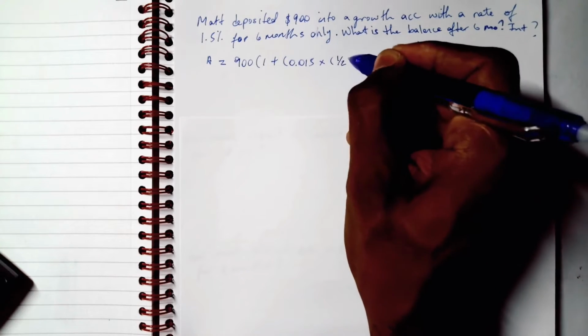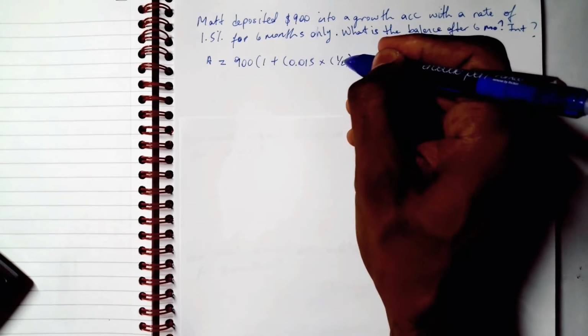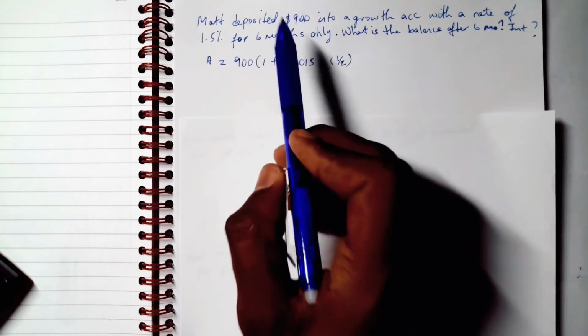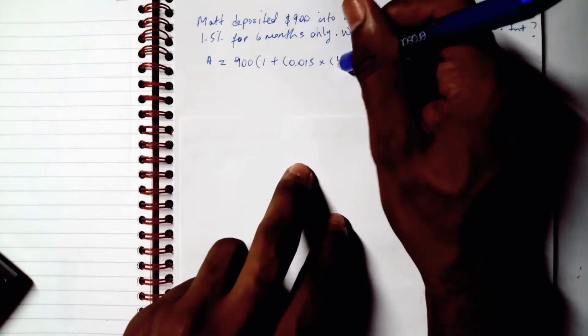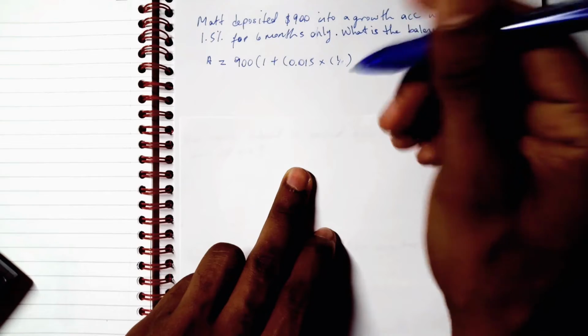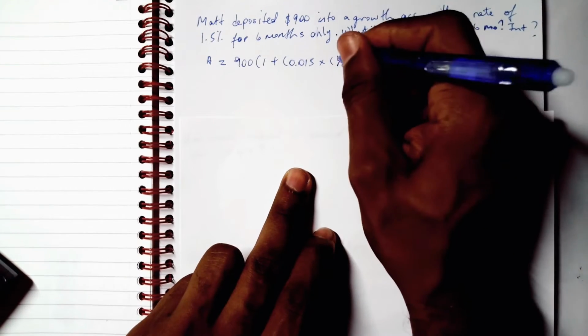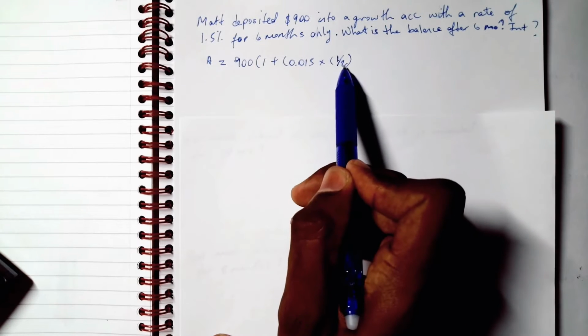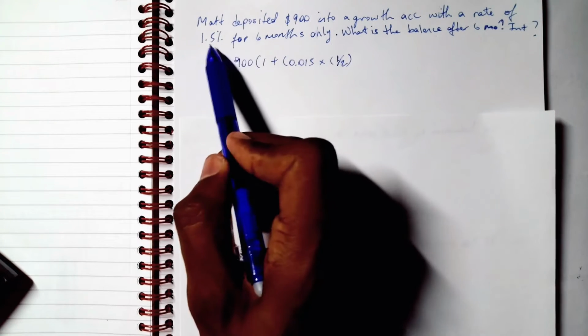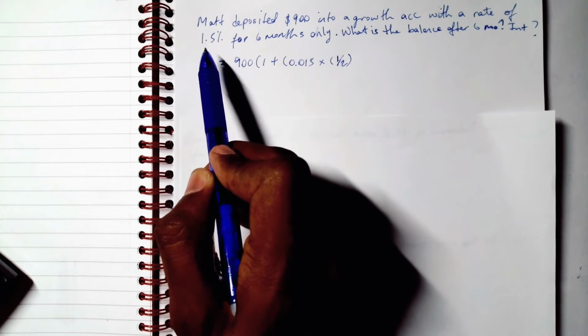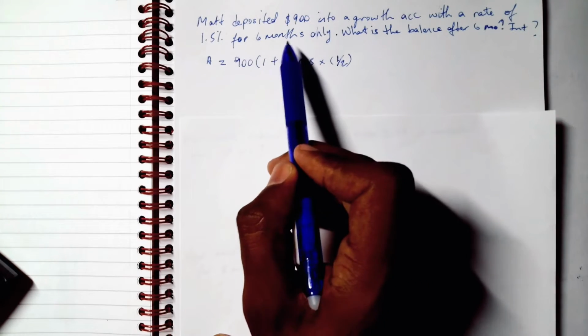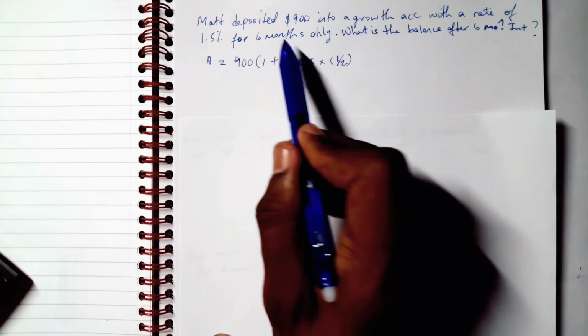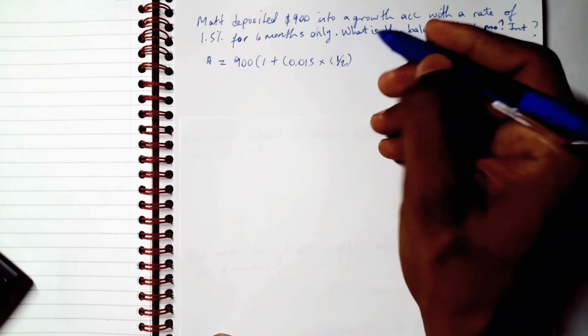a half, right? Because 6 months is half a year. And because the interest rate is in years, we must convert our time to years as well. So this 6 months is half a year.